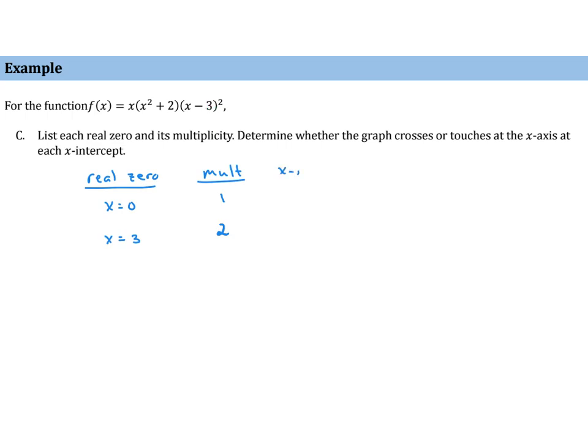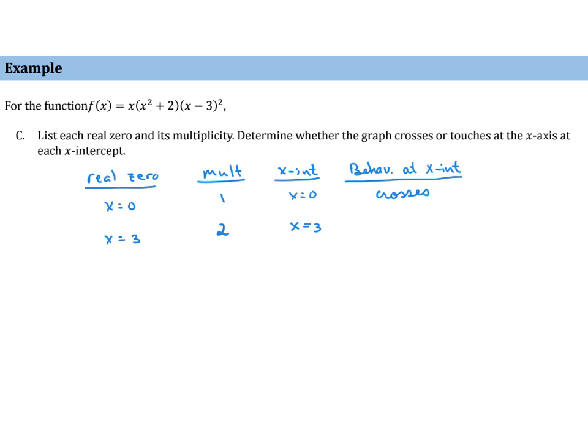So the x-intercept corresponds to the real zeros, and then the behavior at the x-intercept is based upon the multiplicity. So multiplicity that's odd, like 1, we're going to have a graph that crosses.